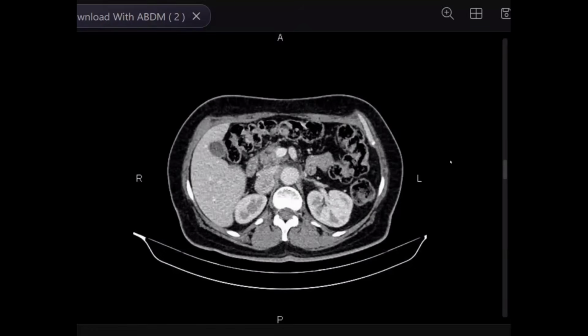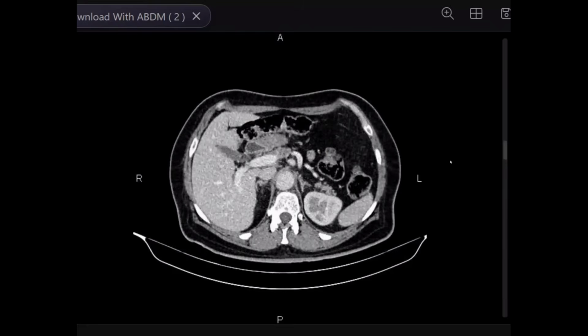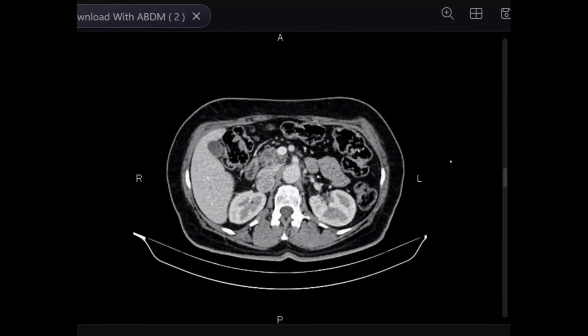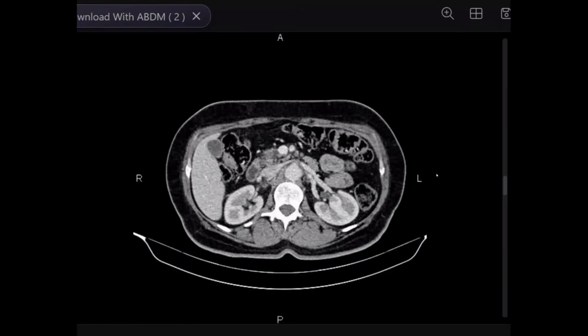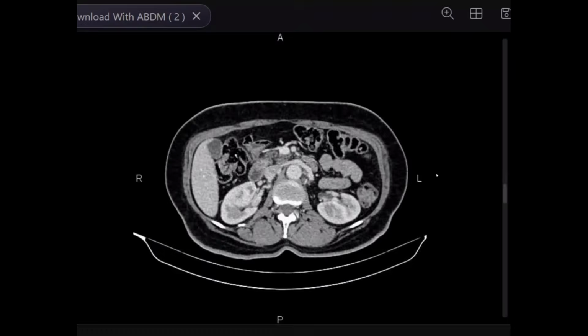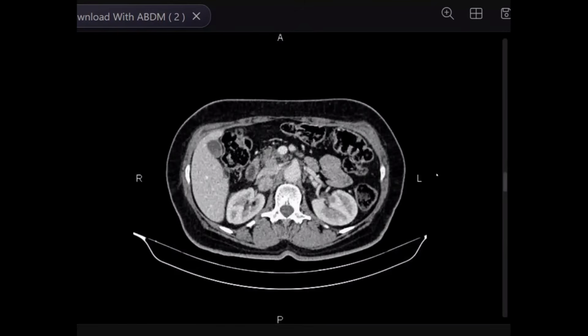It's not separable, but it's not arising from the IVC itself. Because it doesn't seem to be arising from any of the structures around it, by exclusion I suppose it is arising from the retroperitoneal space.